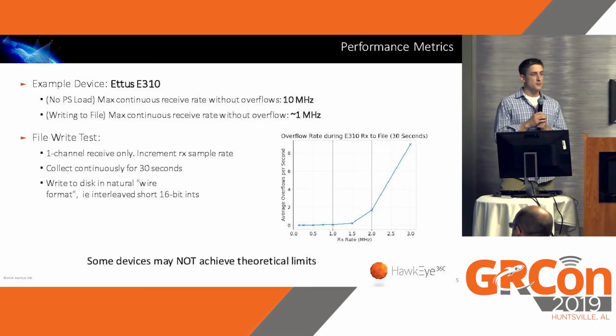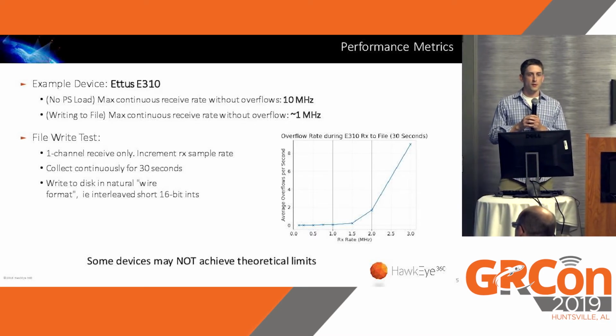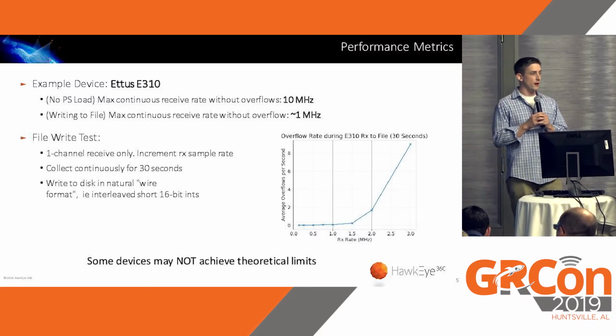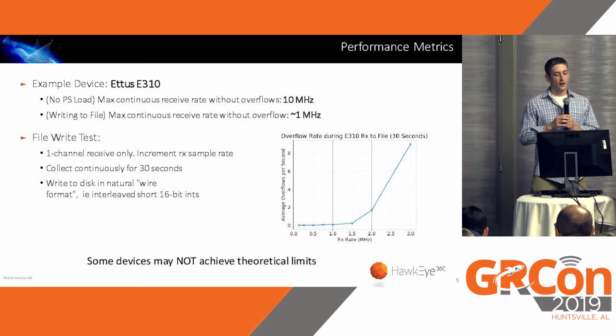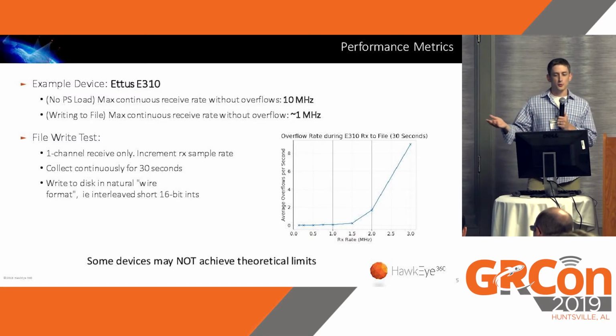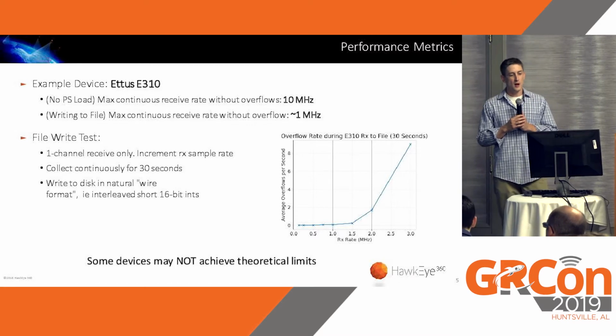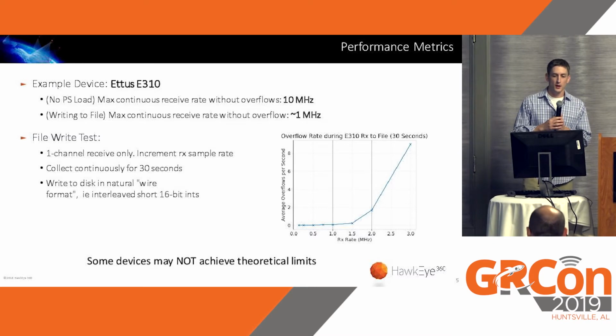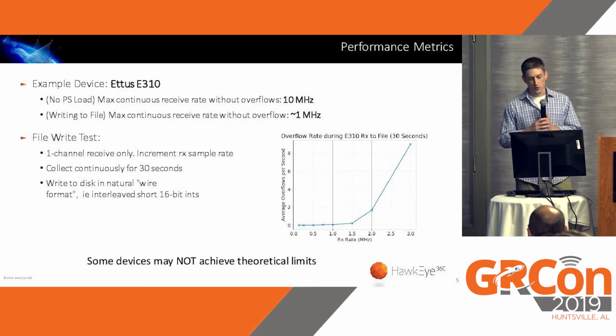If you just transfer the data from the FPGA to the processor, using the benchmark rate application, or you put it into GNU Radio with a null sink, so it shouldn't be doing any file I/O on the storage side, I was able to get about 10 megahertz receive only without overflows, which definitely limits the amount of data you could put into the processor. But if you are trying to write to file, the best I could find was about 1 megahertz on a good day. This is where I was testing for 30 seconds at a time with 16-bit shorts.